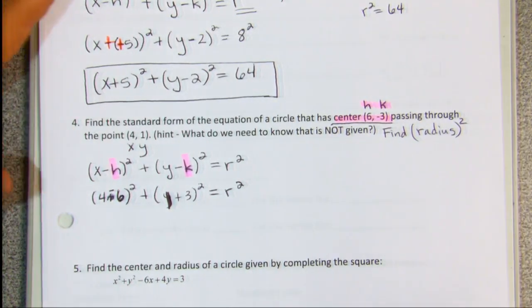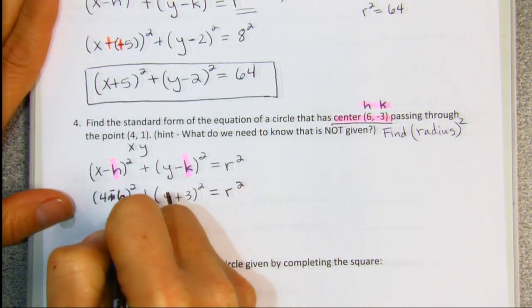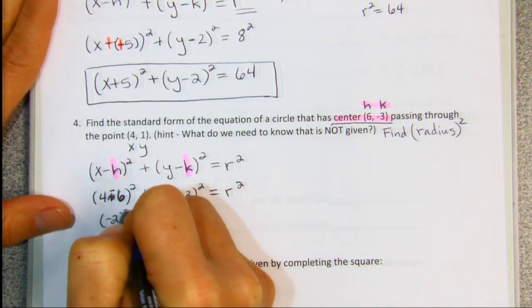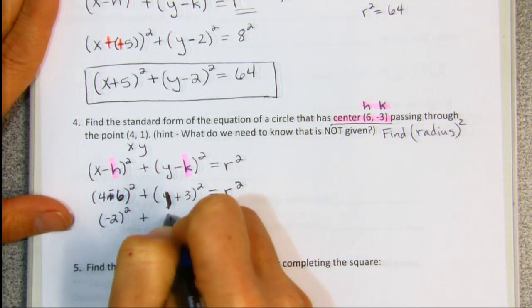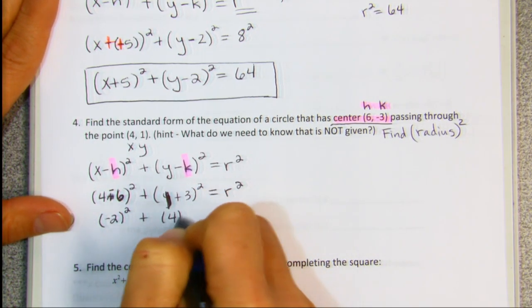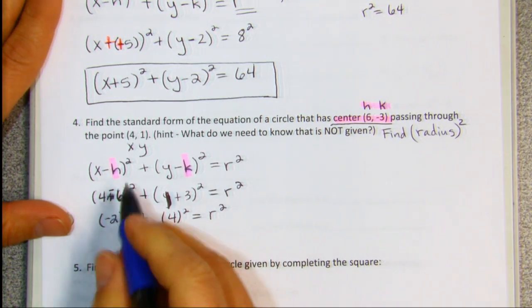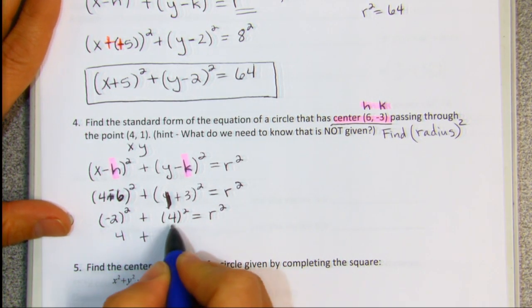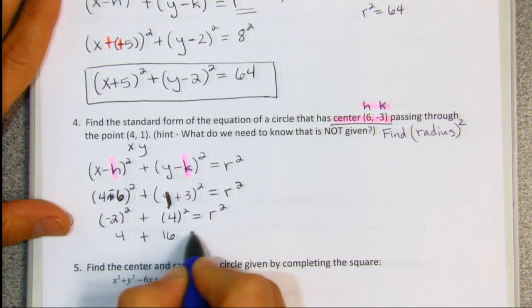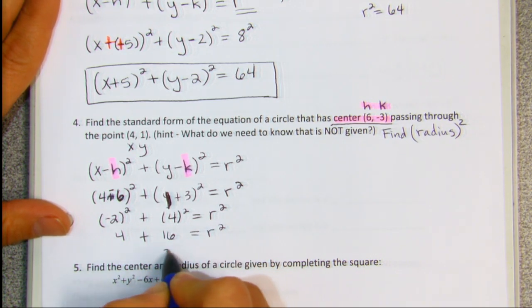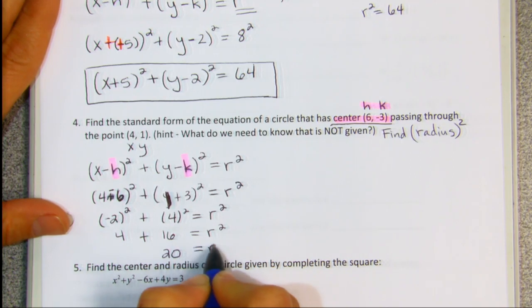I'm going to go ahead and just work it because we're smart enough to do it without a calculator too. So 4 minus 6 is -2 squared, plus 1 plus 3 is 4 squared. -2 times -2 is 4, plus 4 times 4 is 16. So 20 is our radius squared.